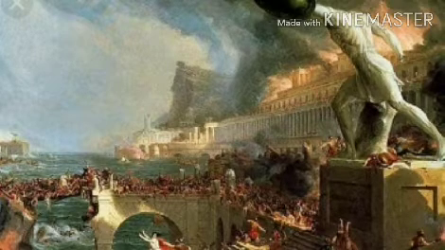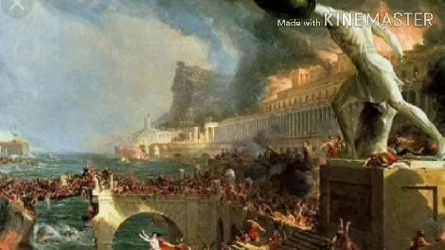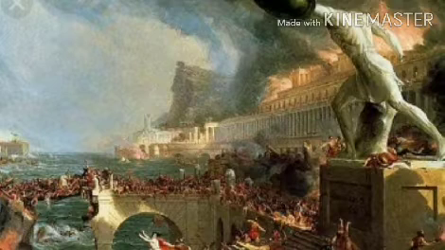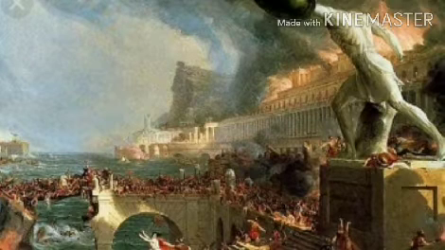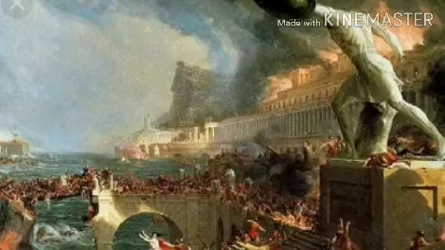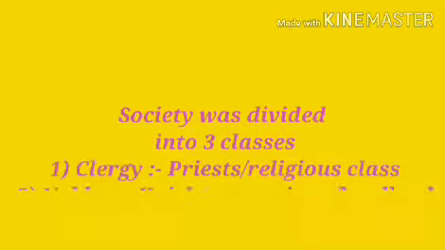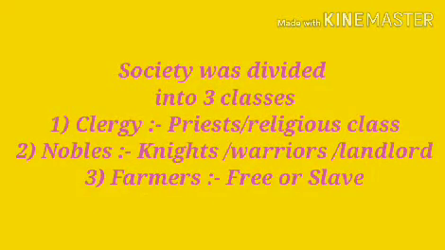Feudalism was dominant in the Middle Ages. Feudalism is a social system in Europe where people worked for nobles in return for land to use. Society was divided into three classes.